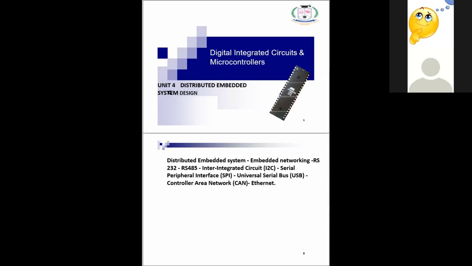So in inter-integrated circuits, that is I square C, it was developed by Philips. It is also one of the communication protocols. What the advantage of one over another is, we will see in the subsequent classes.